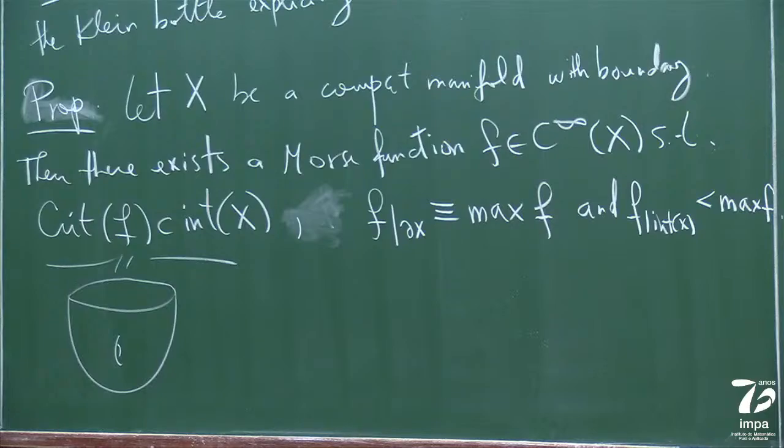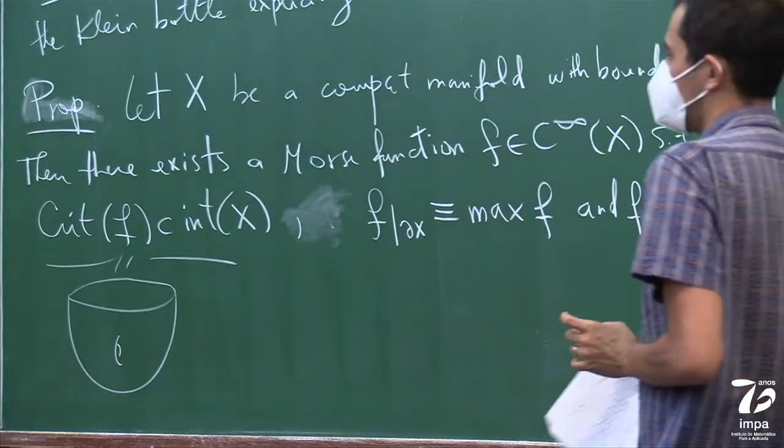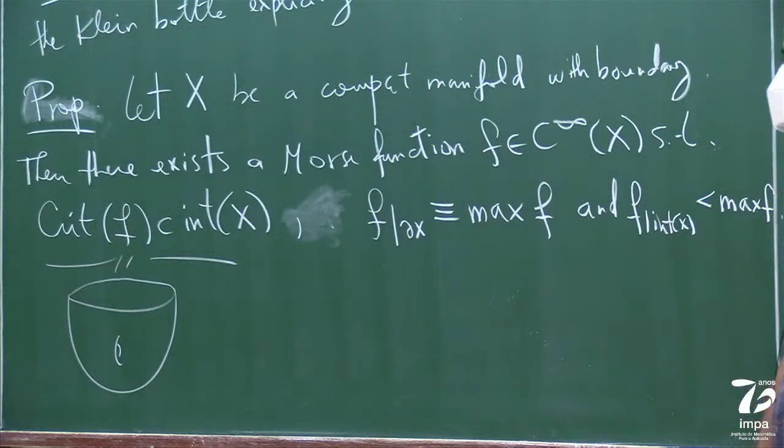You can't find an embedding of the Möbius band into R3 that makes this work. You can do that for higher Euclidean spaces probably, but it's kind of complicated. It's just easier to prove the proposition regardless of embedding. So it doesn't matter if X is embedded or not into Rn, you can find a Morse function directly with this property.